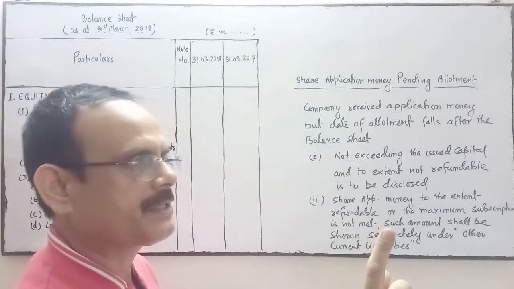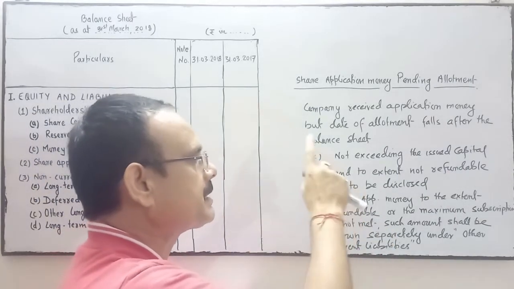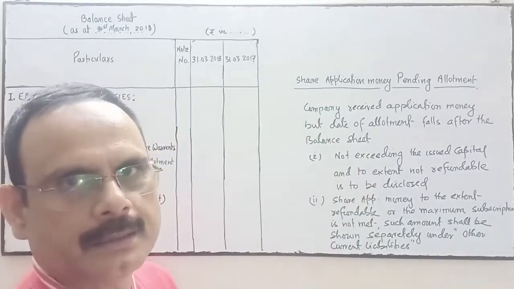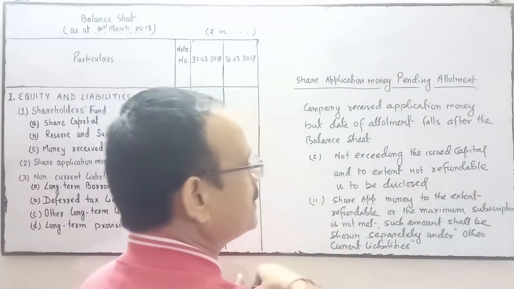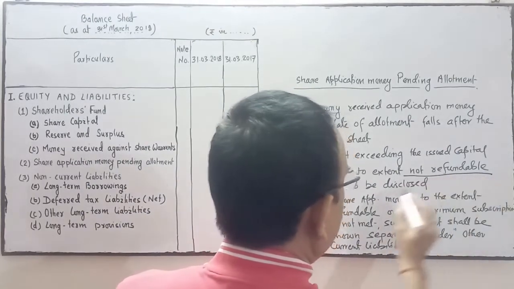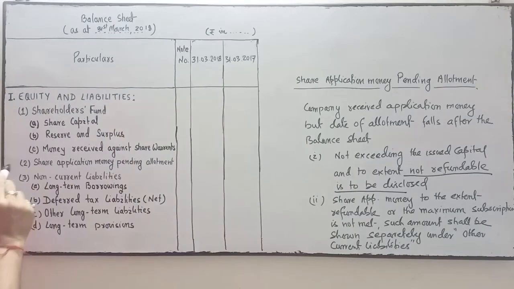And the second important information is what? The application money which is received is not exceeding the issued capital, and to the extent not refundable, to be disclosed. Then this will be shown over here.